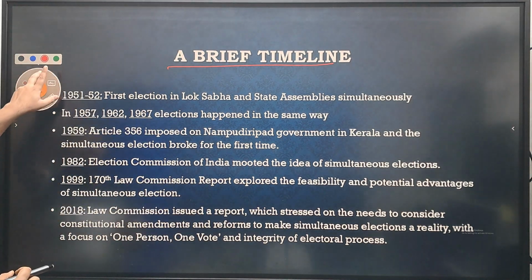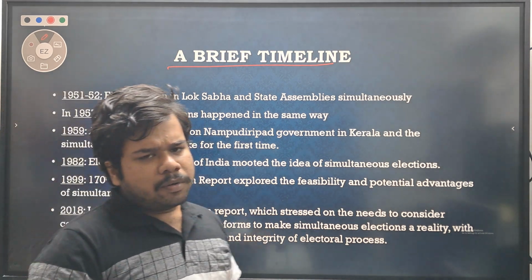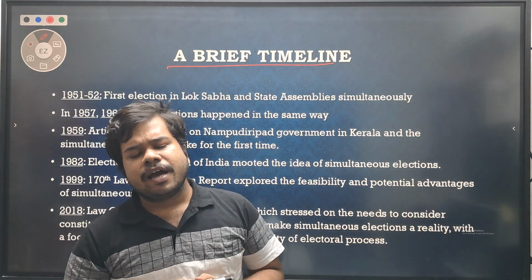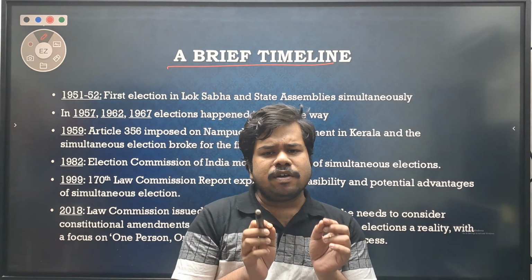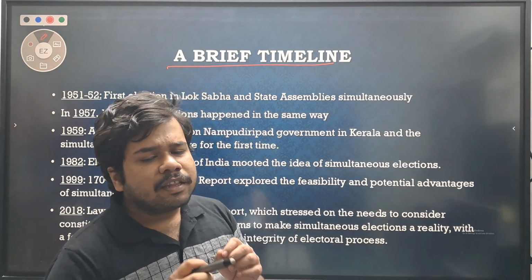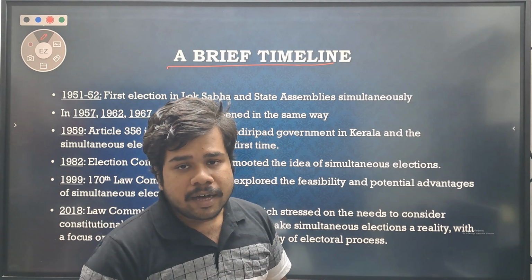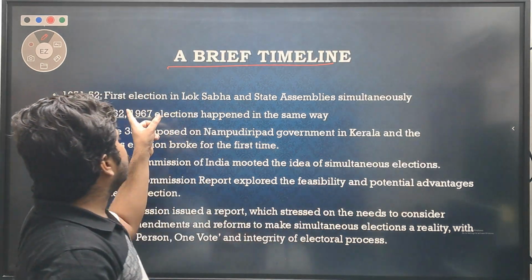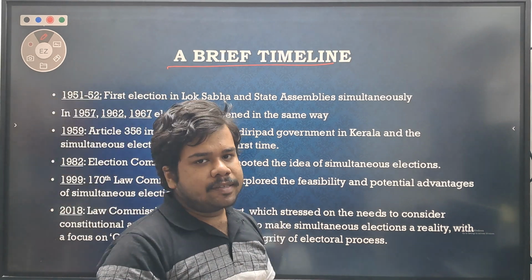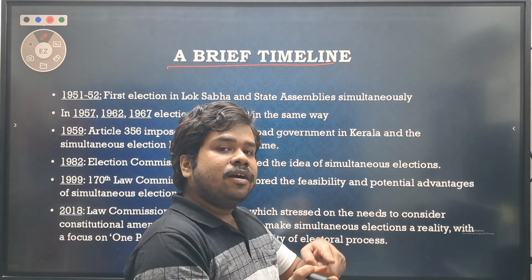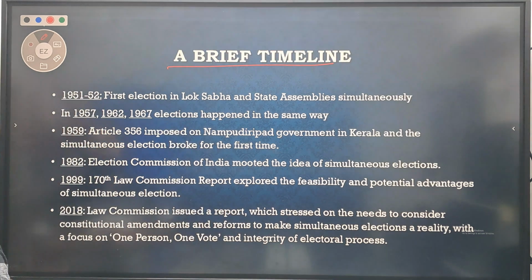When we became a democracy after 26th January 1950, in 1951-52 the first election happened in India, and that time the Lok Sabha and state assembly elections happened simultaneously, and that trend continued till 1967.